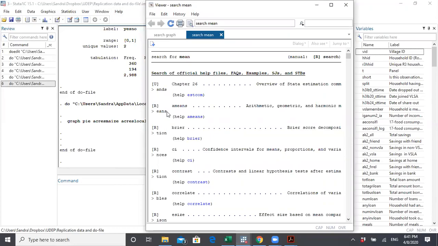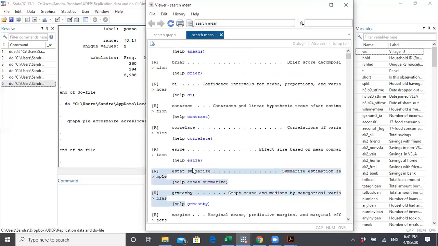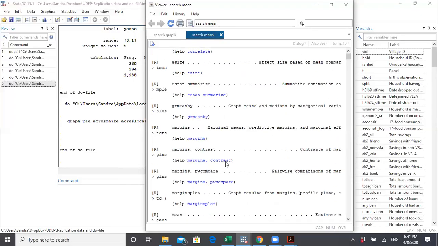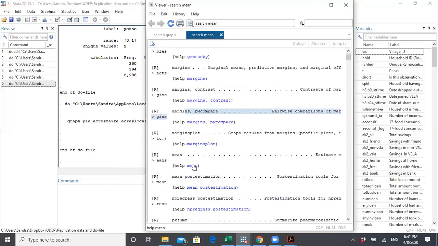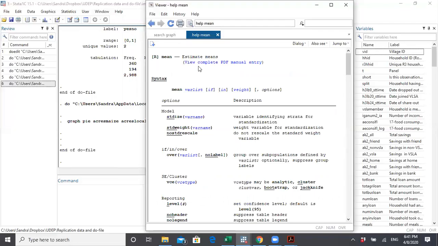Stata can only read a command in a certain format, how it defines it. So you need to make sure that when you're writing a command, you write it in the way that Stata can read it. This is the syntax page, and it will give you instructions on how to write your code.